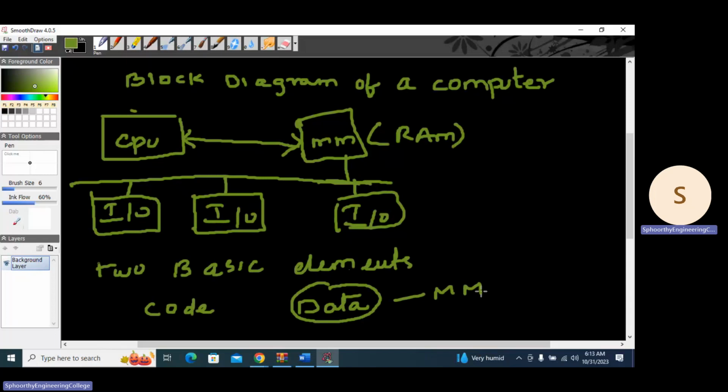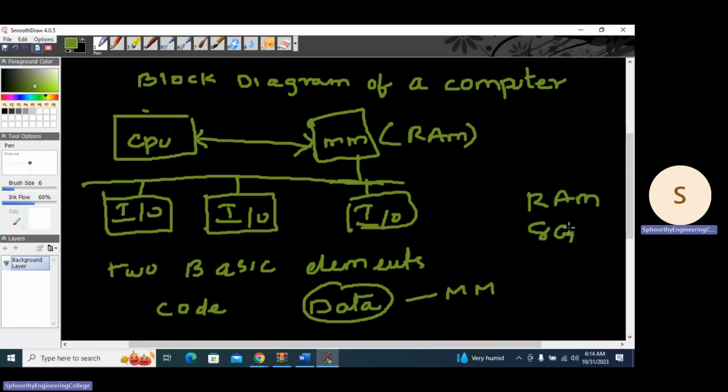Now how is this main memory organized, right? Generally, what is the size of the RAM? Main memory is nothing but your RAM, right? So if you buy a computer, generally what is the size of the RAM? Maybe 8 GB, something like this, 16 GB, right?